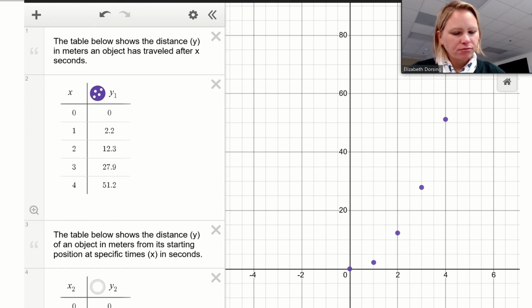Because really, if we're connecting these 2 points with some line, you have to assume that this is some sort of continuous smooth curve and that nothing crazy happens. You have an object moving along at a smooth pace, so you can make the assumption that this would be a continuous function.